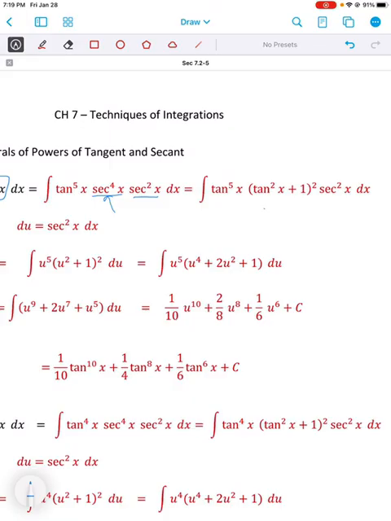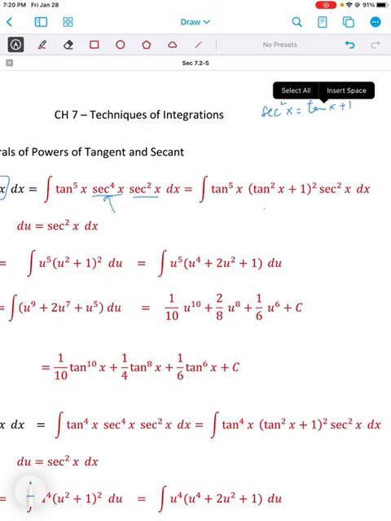So remember this Pythagorean identity, that secant square x is tangent square x plus 1, or 1 plus tangent square x, however you want to remember. So now this is what we have.